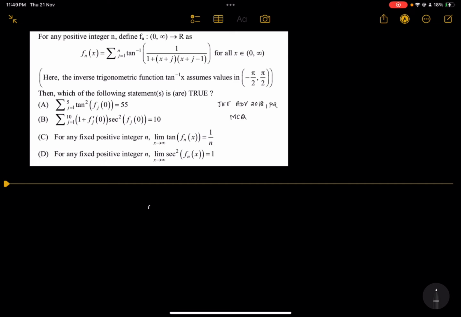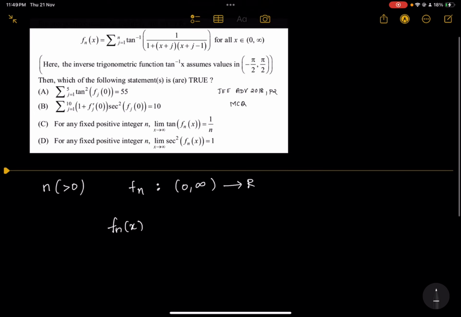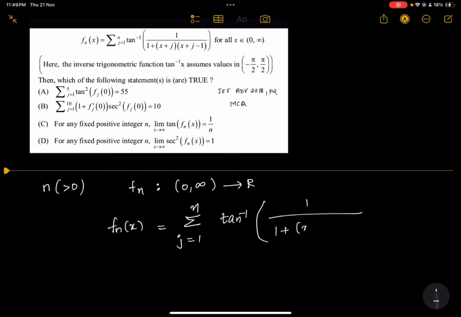For a positive integer n, define fn, a function whose domain is 0 to infinity and range is R, as fn of x equals the sum from j equals 1 to n of tan inverse of 1 by 1 plus (x plus j) into (x plus j minus 1), for all x belonging to the domain 0 to infinity.